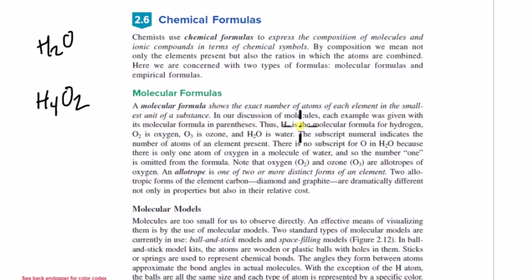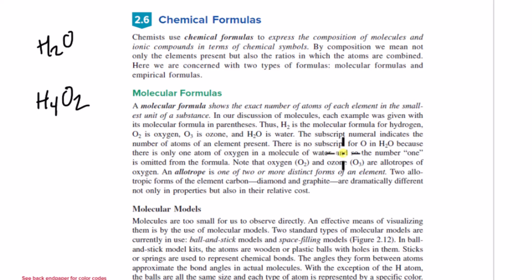In our discussion of molecules, each example was given with its molecular formula in parentheses. Thus, H2 is the molecular formula for hydrogen, O2 is oxygen, O3 is ozone, and H2O is water. The subscript numeral indicates the number of atoms of an element present.